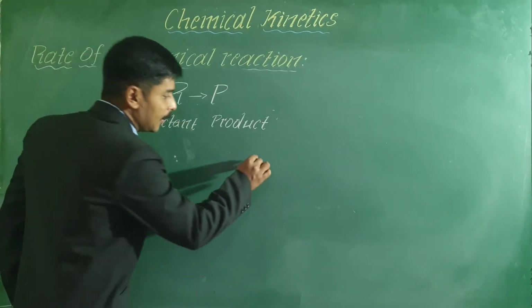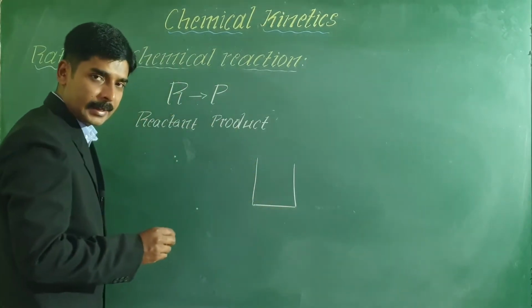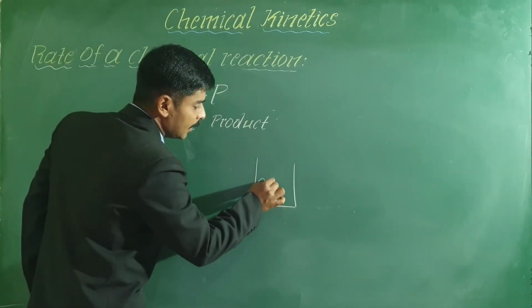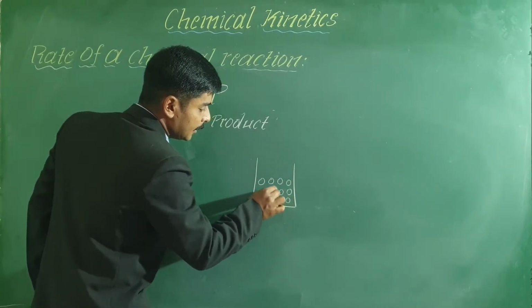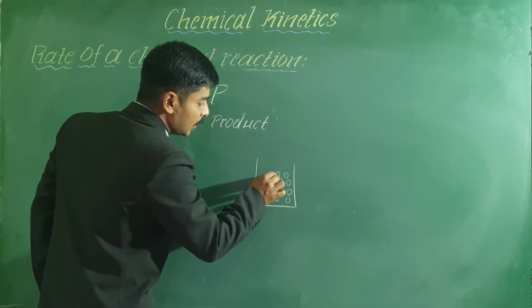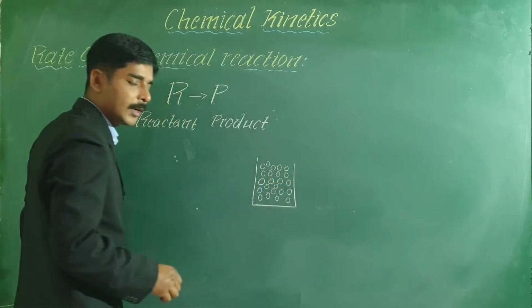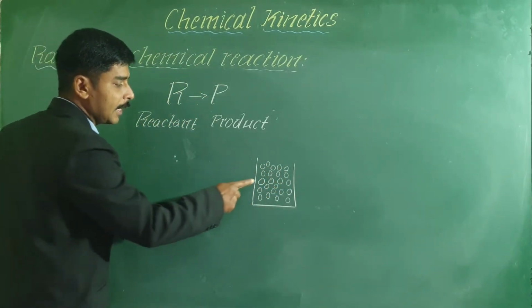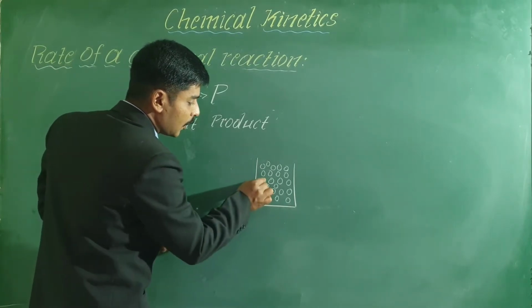Let me explain this to you very clearly. Let us assume that these are the reactant molecules. I have taken the reactant in the reacting vessel. Once the reaction starts, the reactant molecules get converted to product.